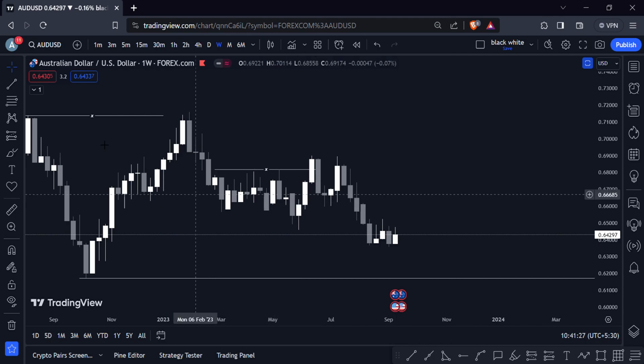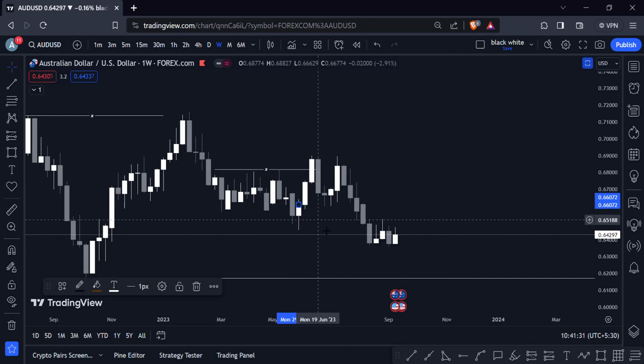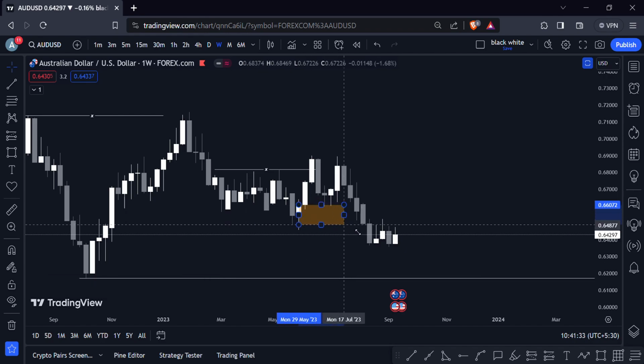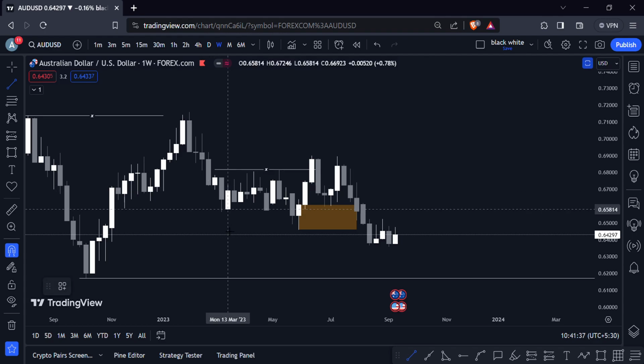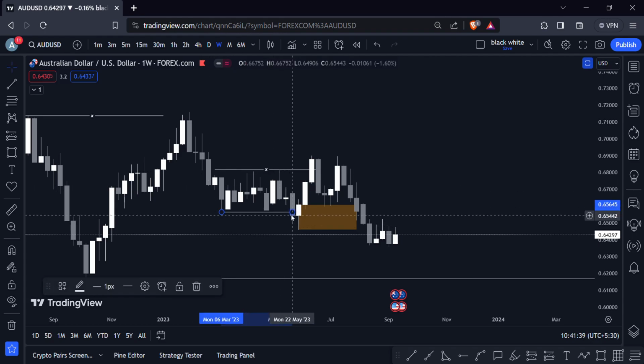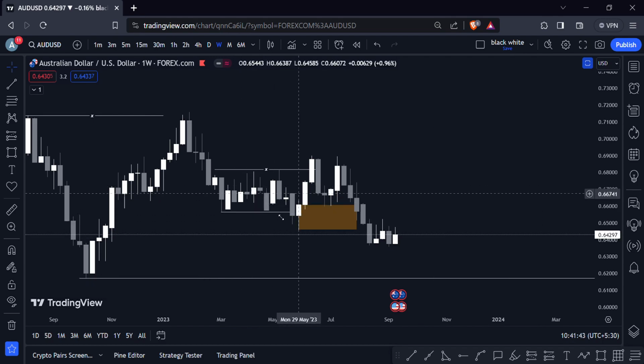Now here, let's see how things work here. This particular low took the liquidity of all these lows over here and broke the high. So for us, it is a strong low, right?